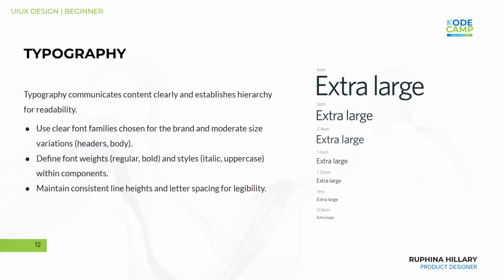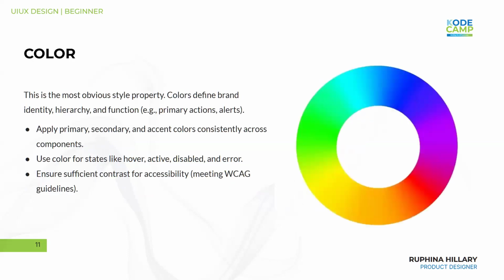So now you have decided on the colors you're going to use. You're going to state it, right? Primary color is this. Secondary color is this. Accent color is this. My hover, active, disabled, error colors. My success colors, my informational colors is what I'm going to use for it. So I have stated these colors and I am going to put this in my warehouse. Why? Because it's reusable.